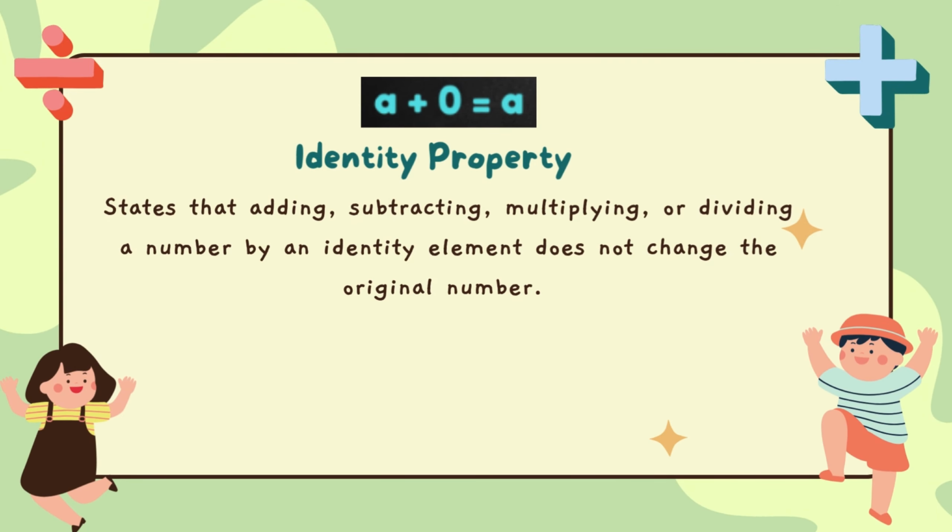The fifth property is the identity property. So, what do you mean by identity property? The identity property states that adding, subtracting, multiplying, or dividing a number by an identity element does not change the original number.